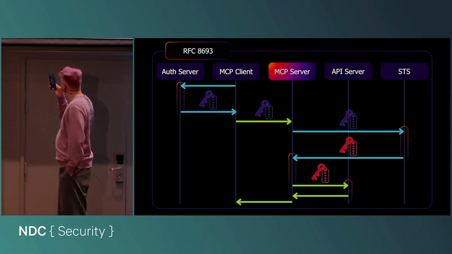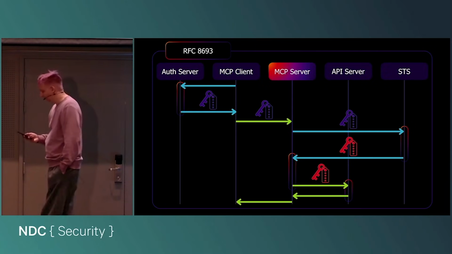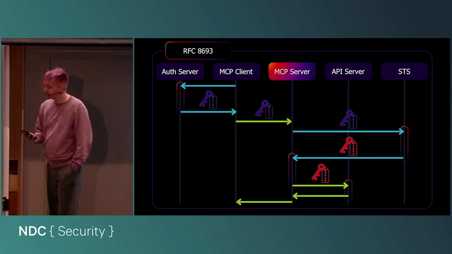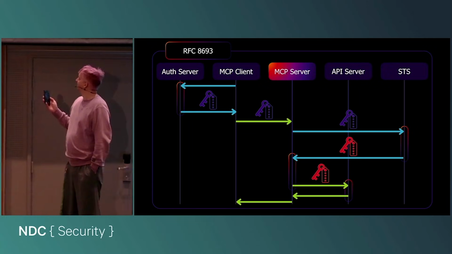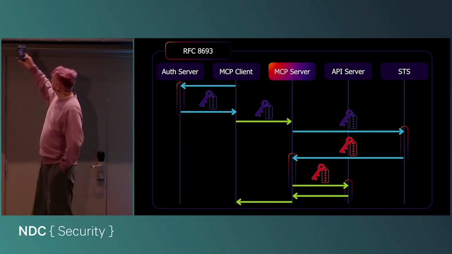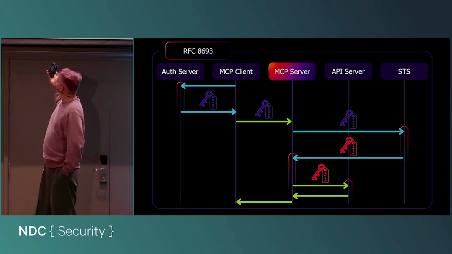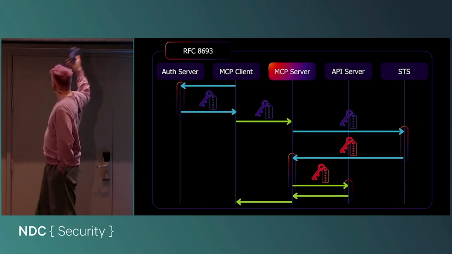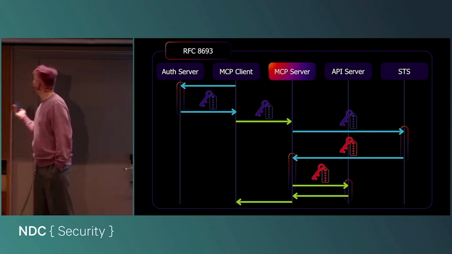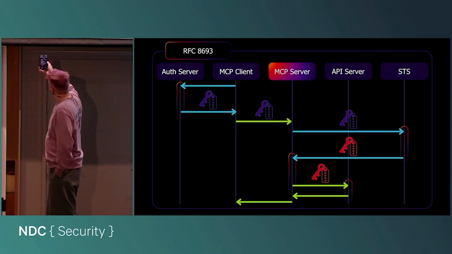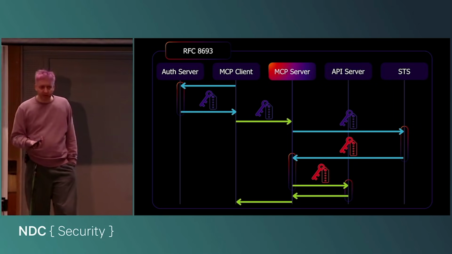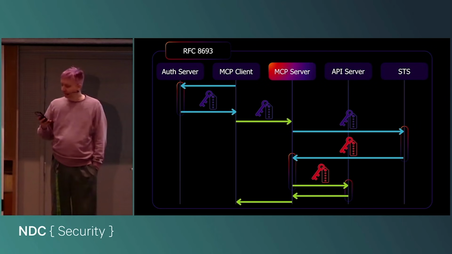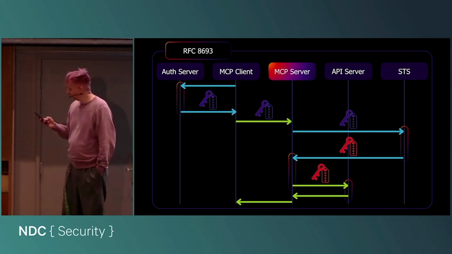So this is the RFC 8693 token exchange, where you get your token from the auth server, which you use to send to the MCP server. The MCP server will use the security token service to get an on-behalf-of token, which is kind of just your token wrapped in another token.